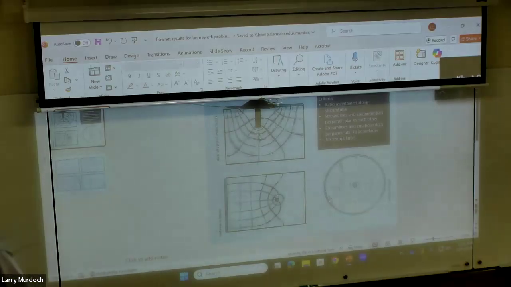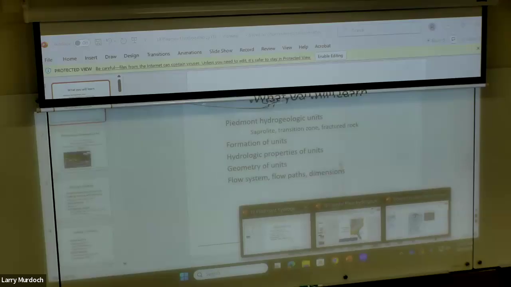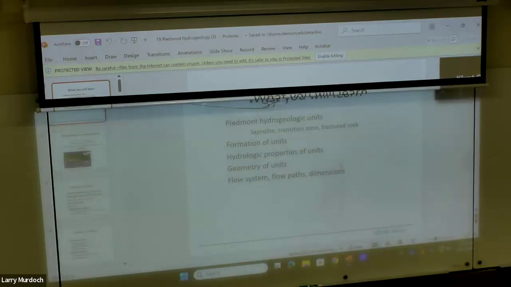So there's a lot of iteration, and the thing that's important at this stage is to be able to recognize the problems in the flow net, and then take appropriate action to redraw it and try again and have those problems be reduced, then converge on a correct flow net. Okay, any questions on that? Flow nets.